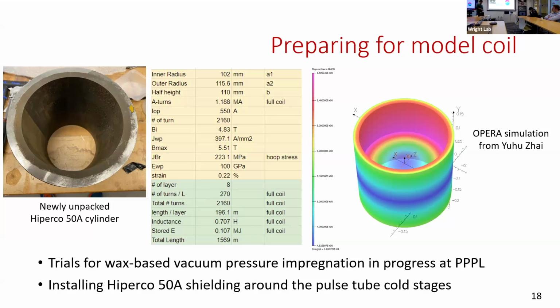So it can be a good magnetic shield for DC fields out to high fields. It has also been shown to work cryogenically, for example, with ADR magnets. So we will be installing this around the cold stages of the pulse tube.